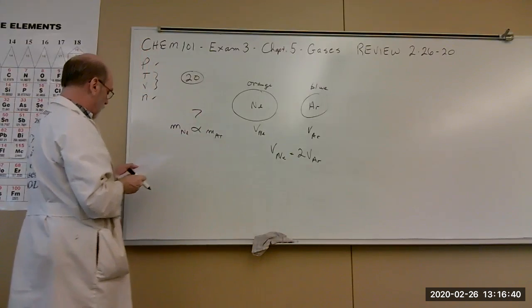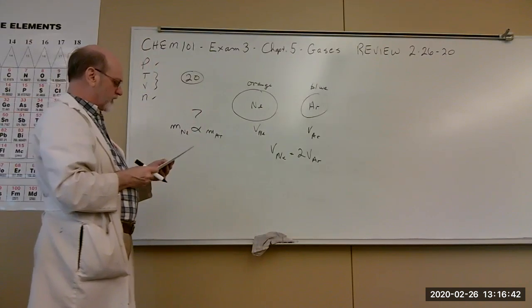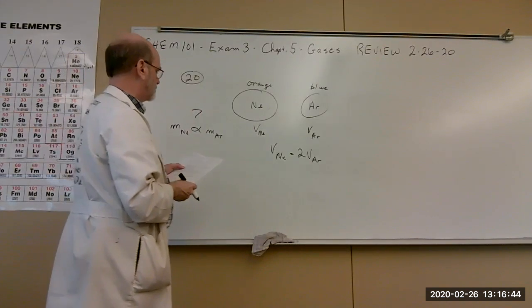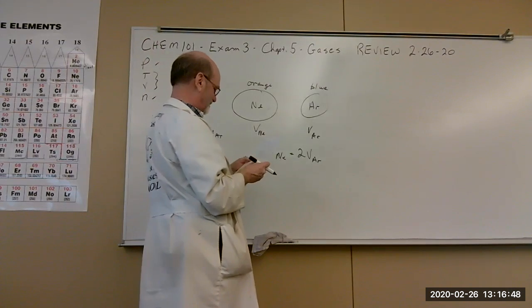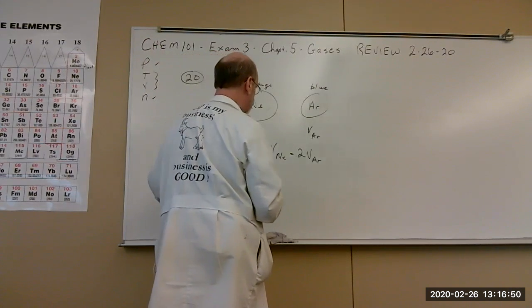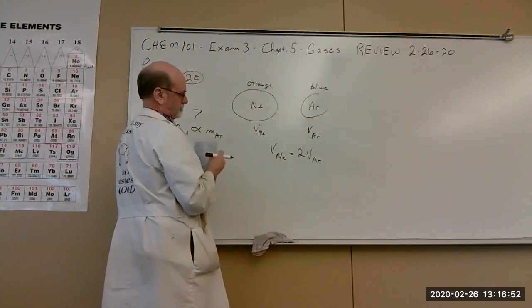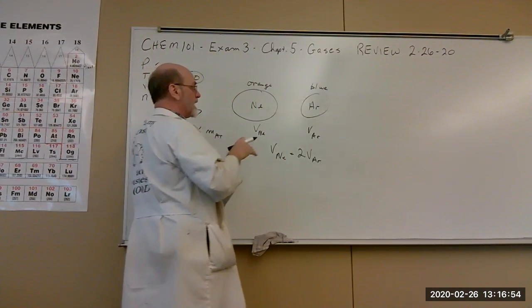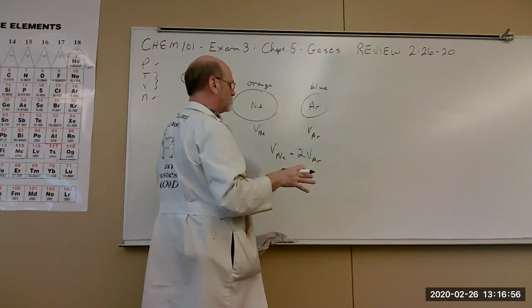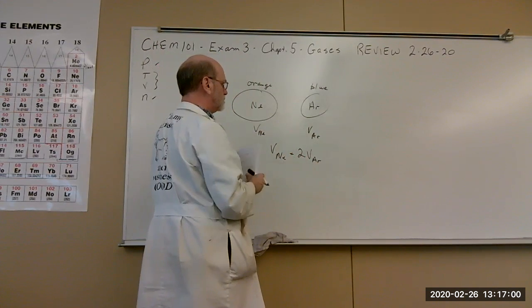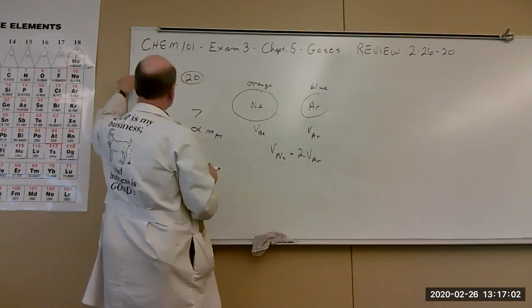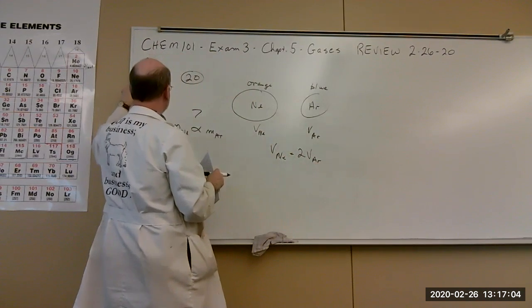Okay, let's look at our choices. The pressure in the container doubles. No, wrong question. Sorry. What's the ratio of the masses? Well, let's look at it this way. All things being equal, pressure, temperature, we know the ratio of the volume.